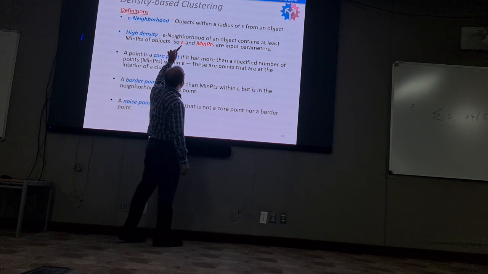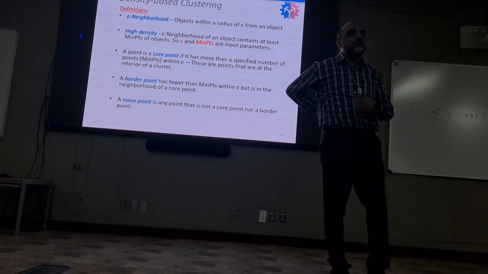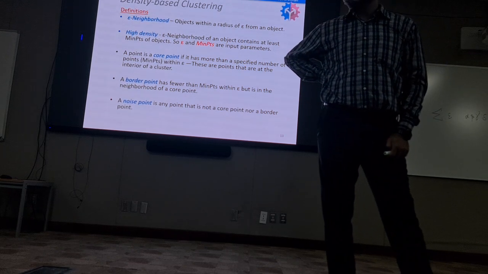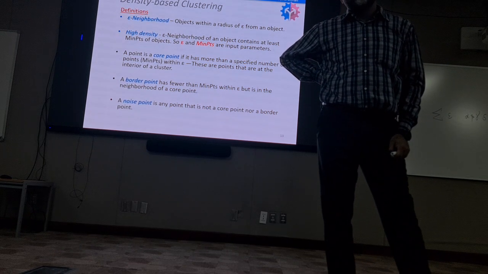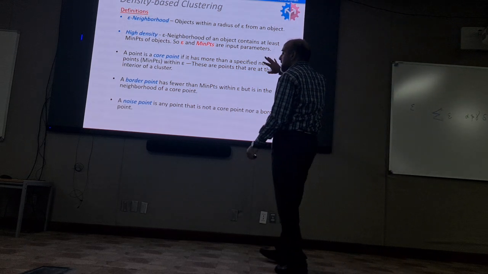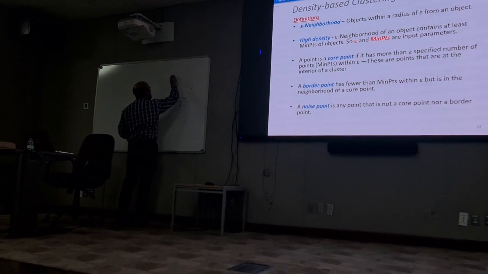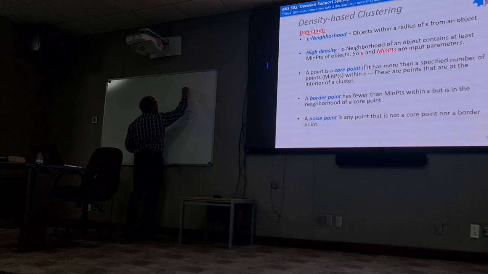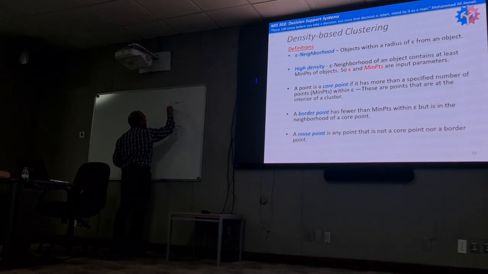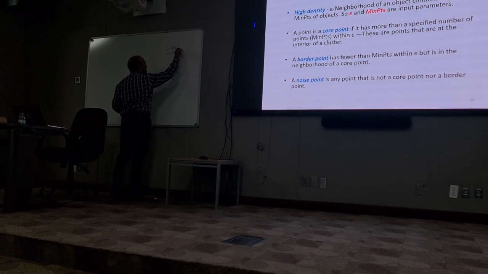Now, if in my neighborhood I have at least this number of neighbors, which is min points, again I've given it to you, let's say I'm calling it 3, then I'm going to call my neighborhood dense. E is the radius, let's say 500 meters, and min points, let's say 3.